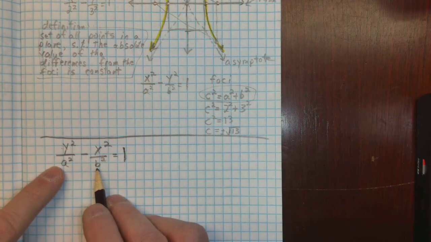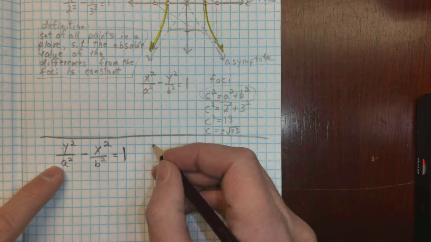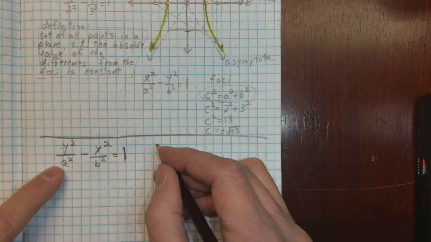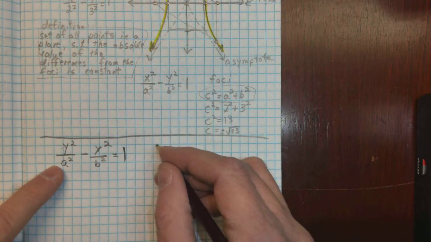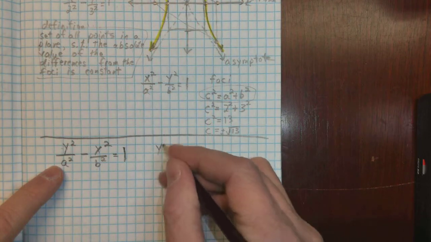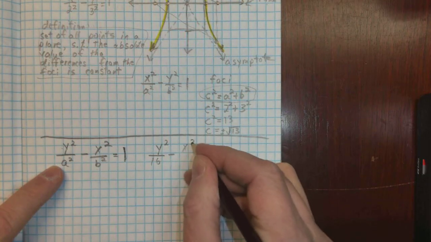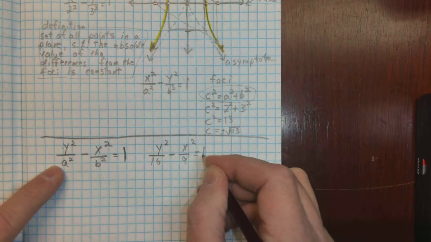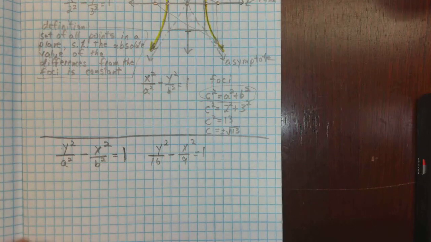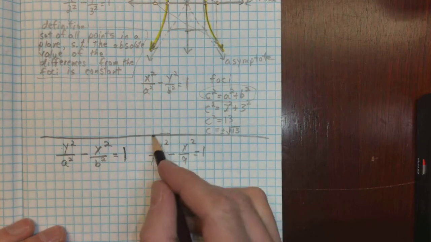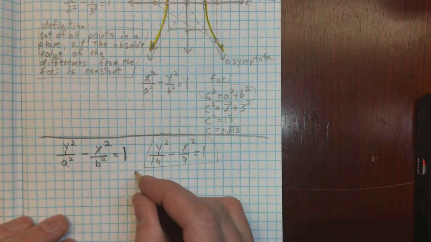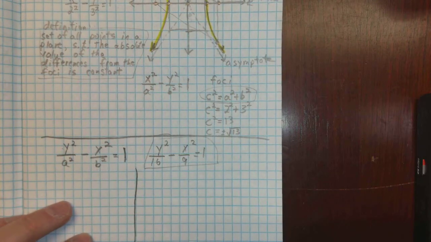Now, I've set this up. If I have another equation in this form, then let's look at y squared over 16 minus x squared over 9 equals 1. All right, so let's go ahead and graph that. I'll draw my axes here.